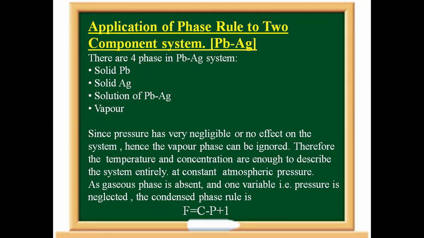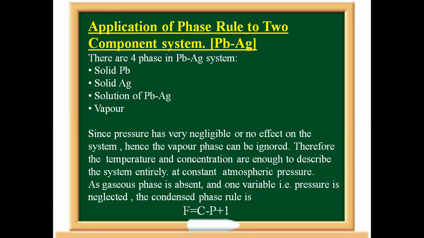So when the Gibbs phase rule is reduced by one variable, the new phase rule which is formed is condensed. Okay, and that condensed phase rule is called the reduced phase rule, which is given as F is equal to C minus P plus 1.